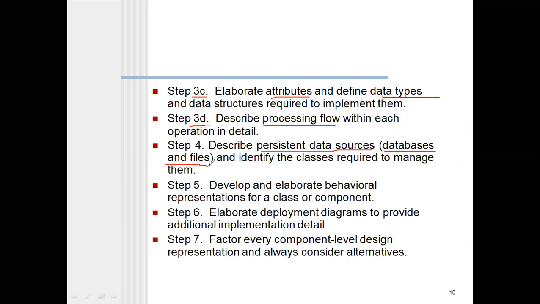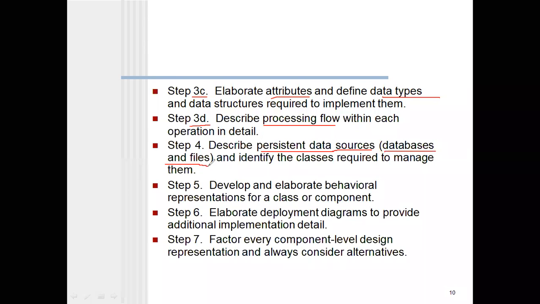Persistent data sources are also not represented at the analysis model level. This can be represented at the design phase only. In the design phase only, how the data is going to be stored, how our project data is going to be stored, which kind of data.